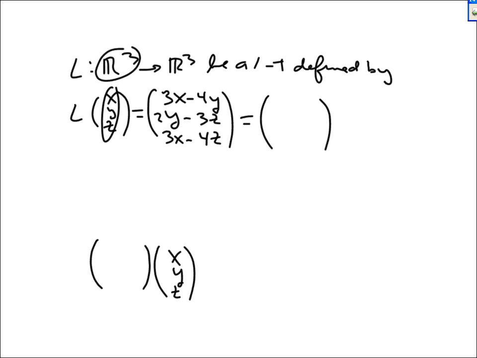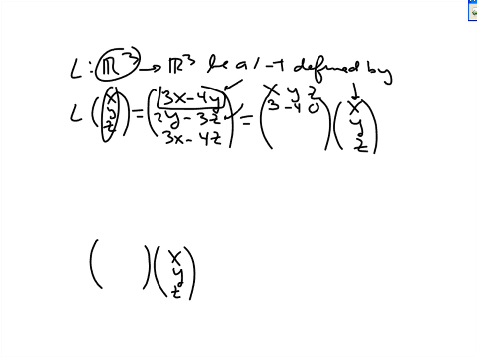This is A times x, y, z. You put x, y, z up here, just as you see it in that order: first x, then underneath it y, and underneath it z. In the end, you could erase this. The first row has 3 x's, minus 4 y's, and no z's.